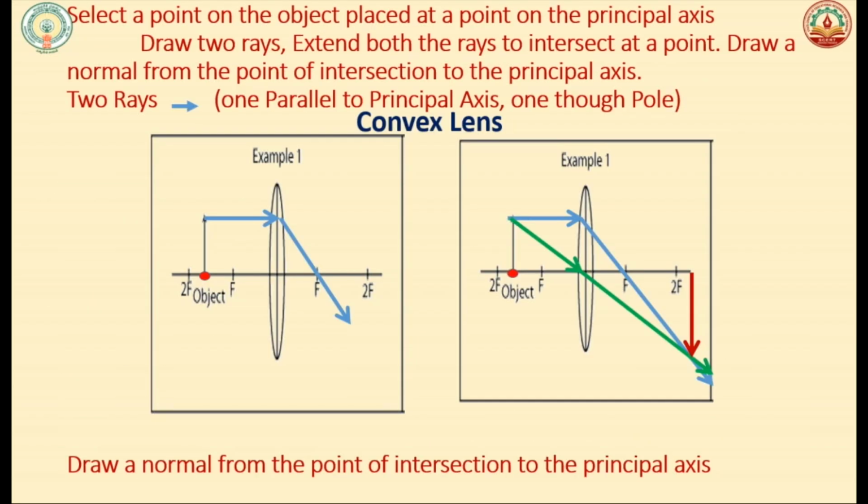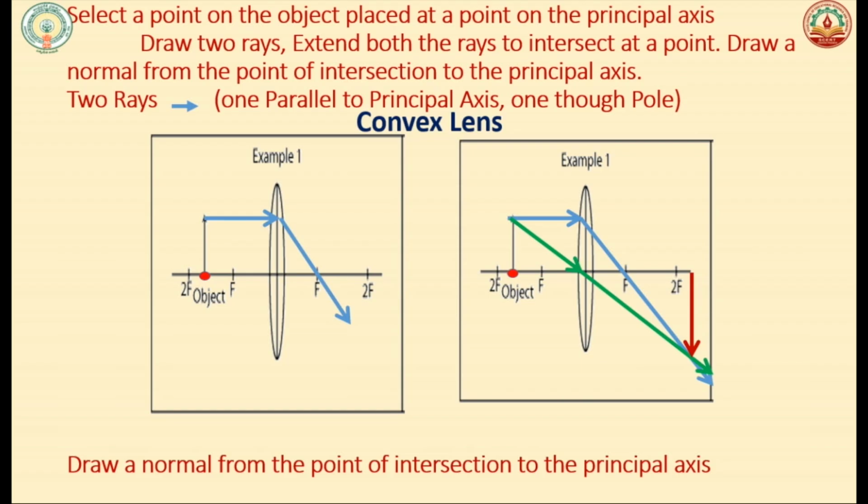Now we can see here there is a convex lens. I kept an object on the principal axis. I selected one point. From that point, actually here you can see two rays were drawn. In the first picture, from that point, the first ray parallel to principal axis will converge after refraction through focus, on the other side of the lens.